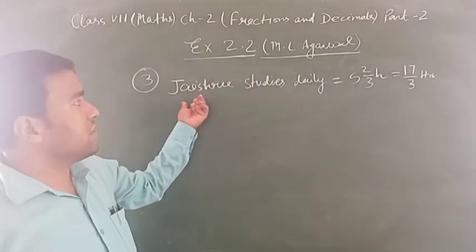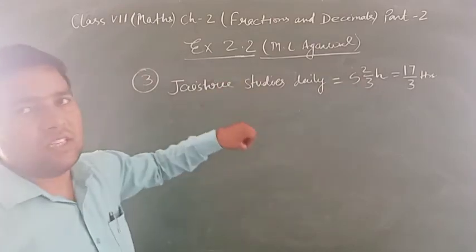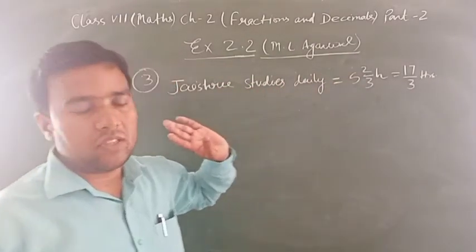Clear? Jayashree studies daily 5 whole 2 by 3 hours. Means every day she is studying 5 whole 2 by 3 hours.